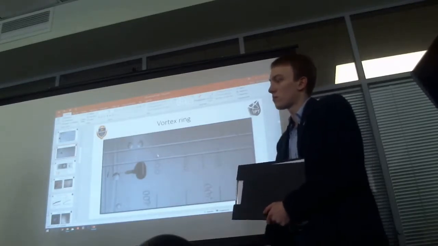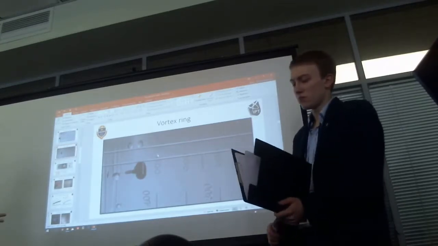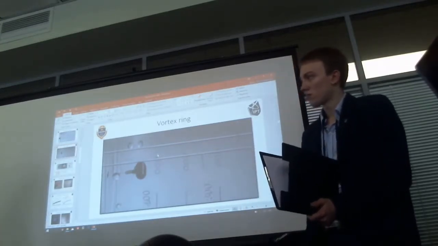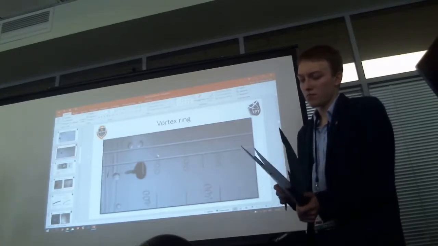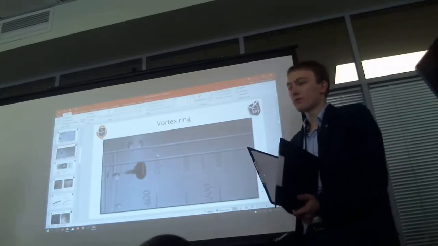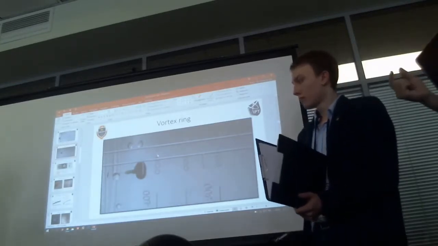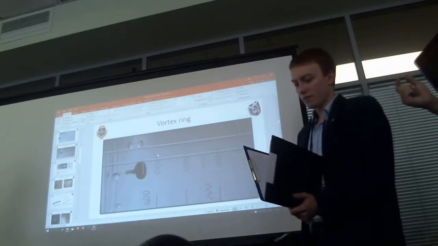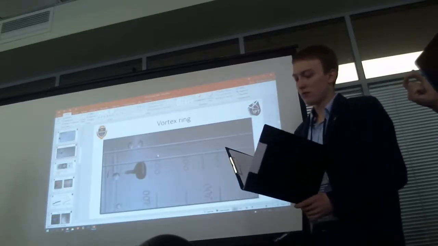And from the balance of forces, we can easily calculate the final volume of the drop. And thus, we could maintain the volume of the droplet by changing the nozzles of the syringes.